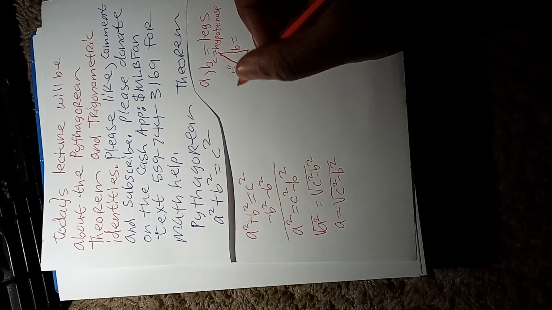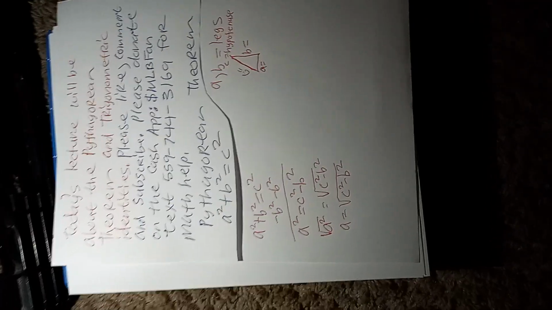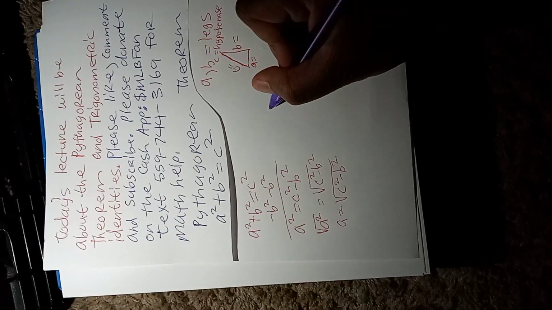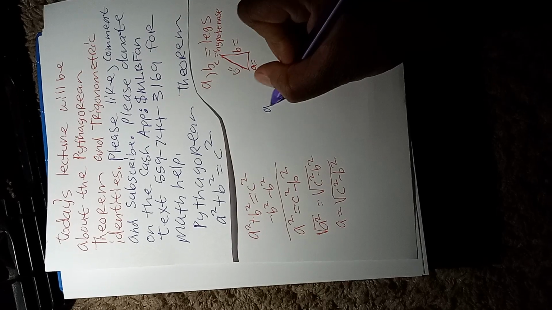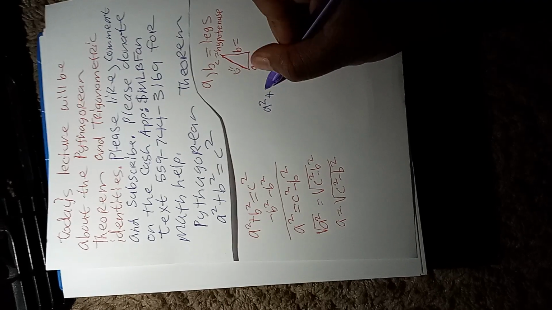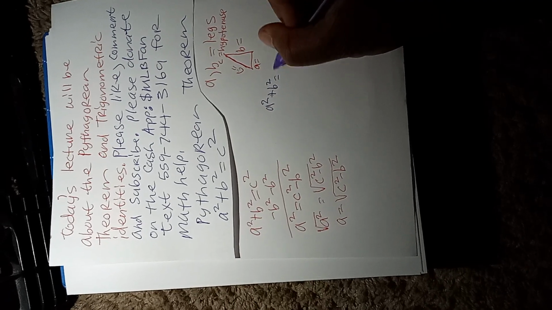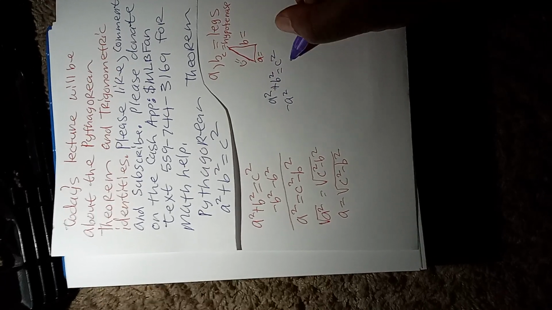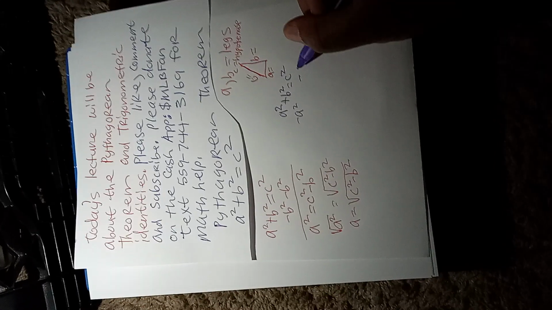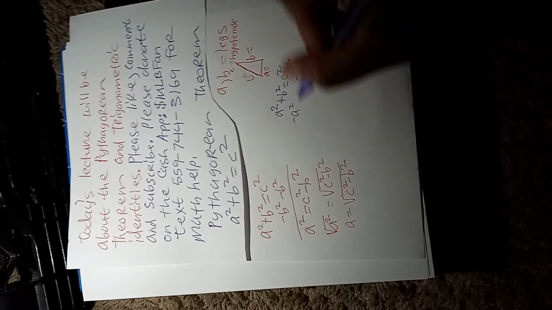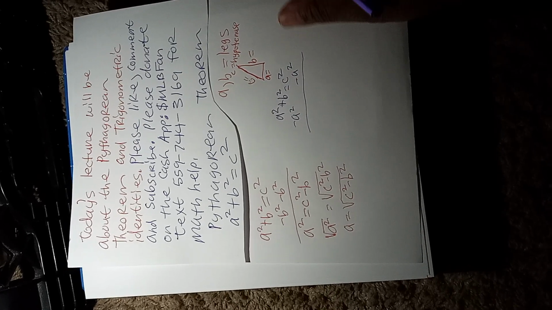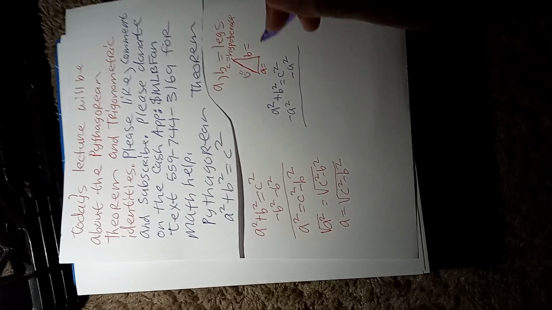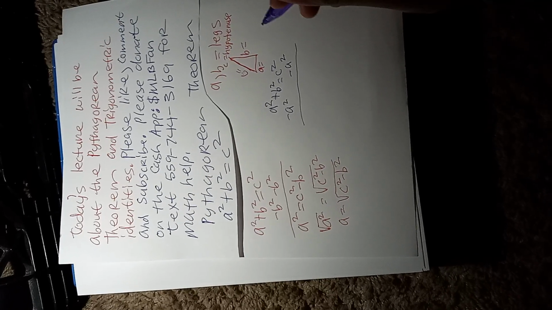Now let's solve for b. So we start with the Pythagorean theorem again. a squared plus b squared is equal to c squared. So we subtract a squared from both sides. Whatever you do to one side of an equation, you have to do to the other.